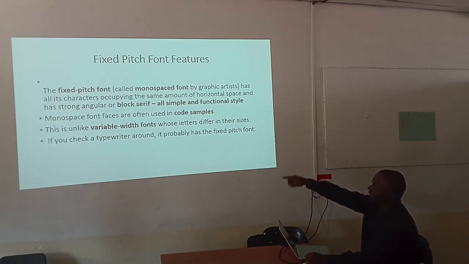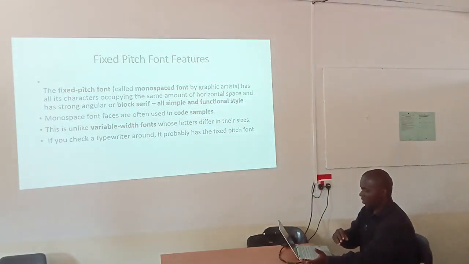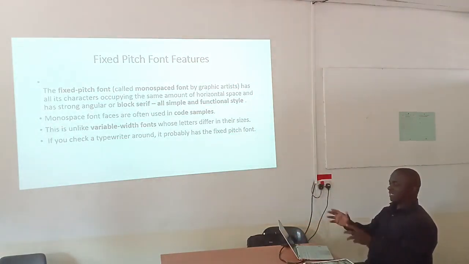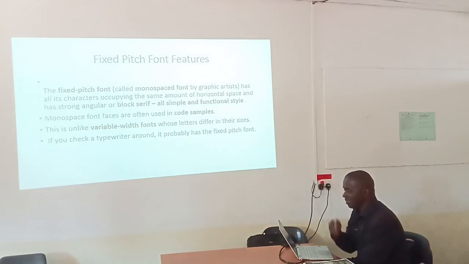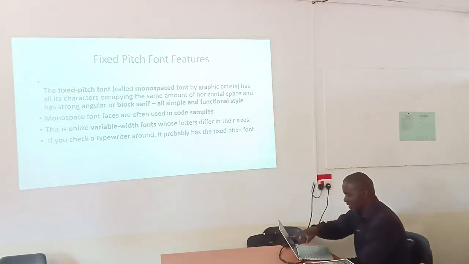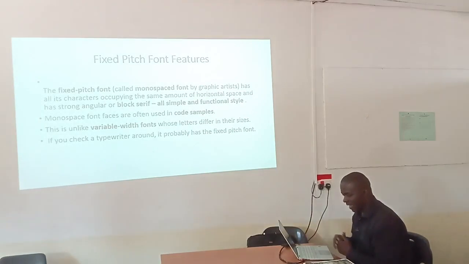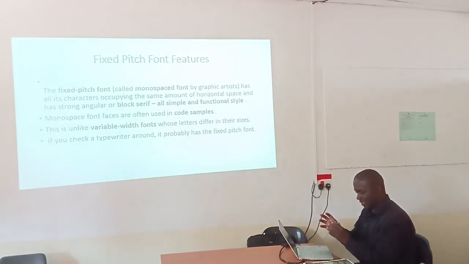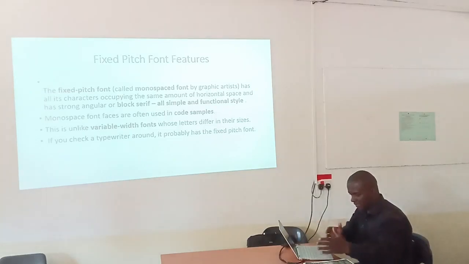Sometimes you could be concerned with only a few places, maybe a few words that have spaces you want to eliminate, right? Now we have these fonts whereby they are equally spaced, all of them. If you have a fixed pitch font, the characters occupy the same amount of horizontal space, and it has angular or block serifs, and they occupy equal distances, right?